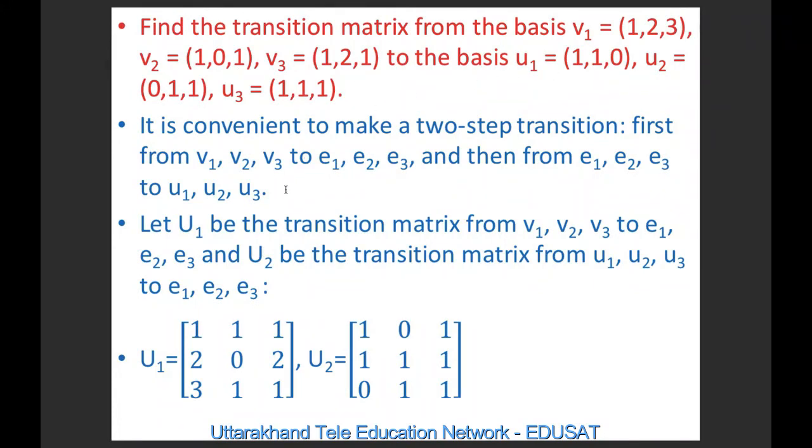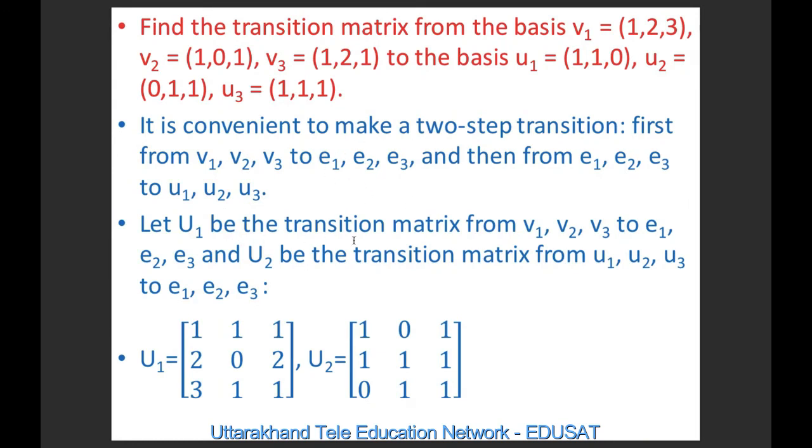It is convenient to make a two-step transition, because if we consider the standard basis, it makes our work easier. So first we transform v1, v2, v3 to e1, e2, e3, and then from e1, e2, e3 to u1, u2, u3. e1, e2, e3 are the standard basis.